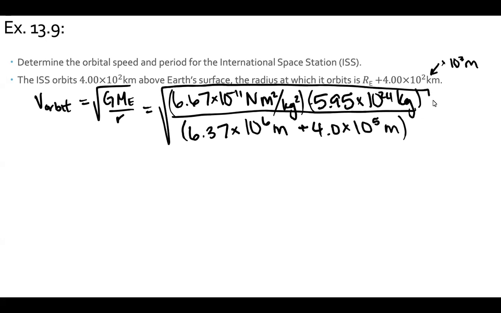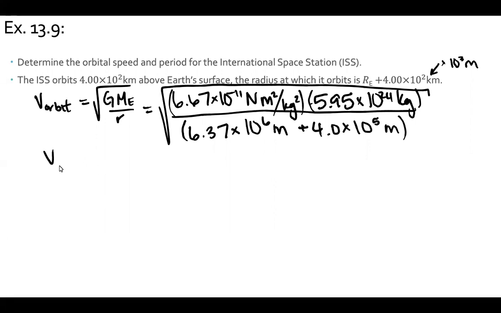So I'm going to go ahead and do the bottom portion first. So we have 6.37 times 10 to the 6th plus 4 times 10 to the 5th. Then we have the top, 6.67 times 10 to the negative 11th times 5.95 times 10 to the 24th, and divide that by the bottom piece, and then take the square root of that.